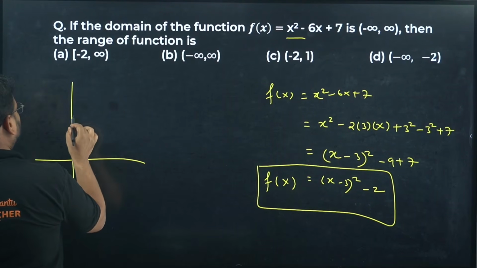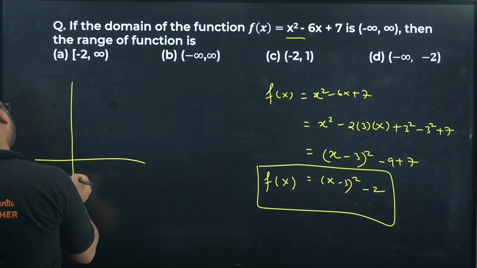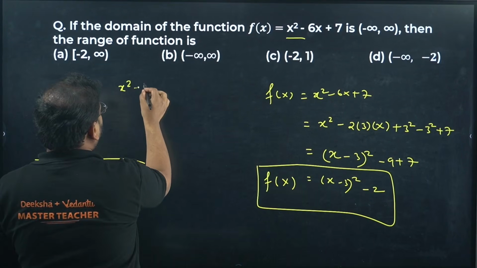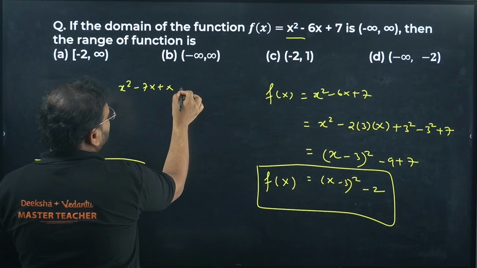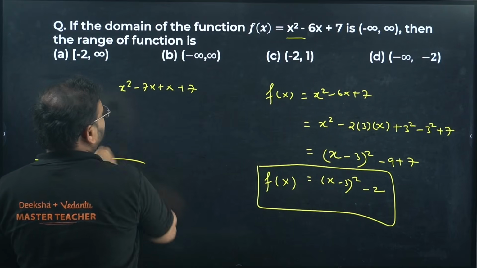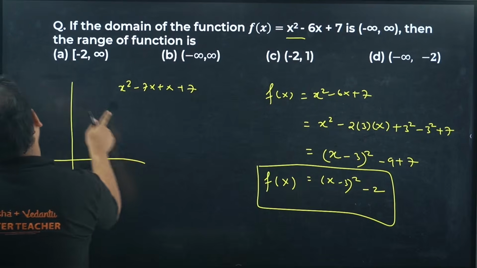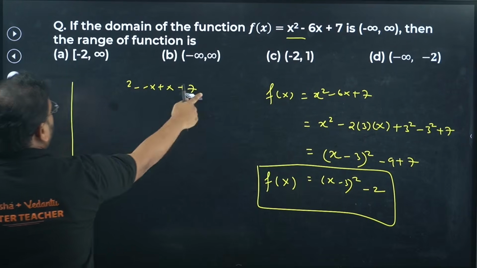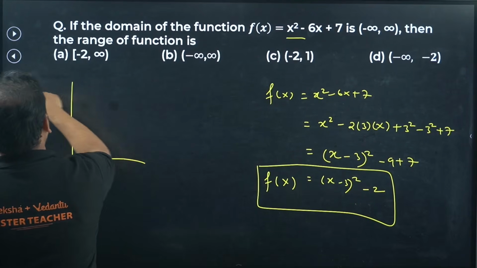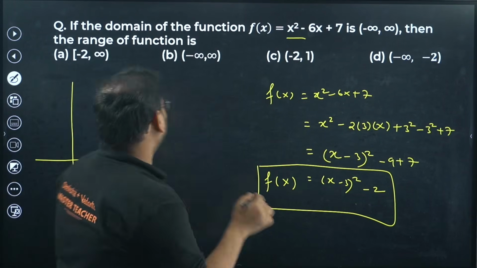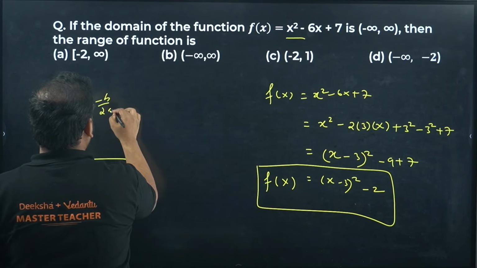But it is not factorizable, no other factors are possible actually. We cannot factorize this. But you can find the vertex using the minus b by 2a formula.